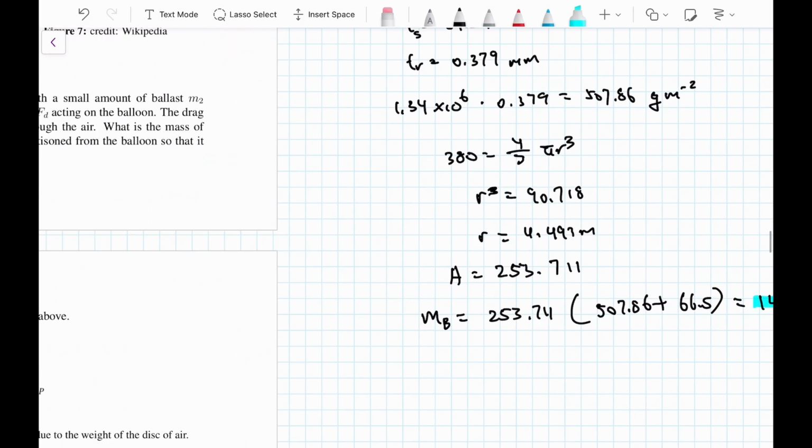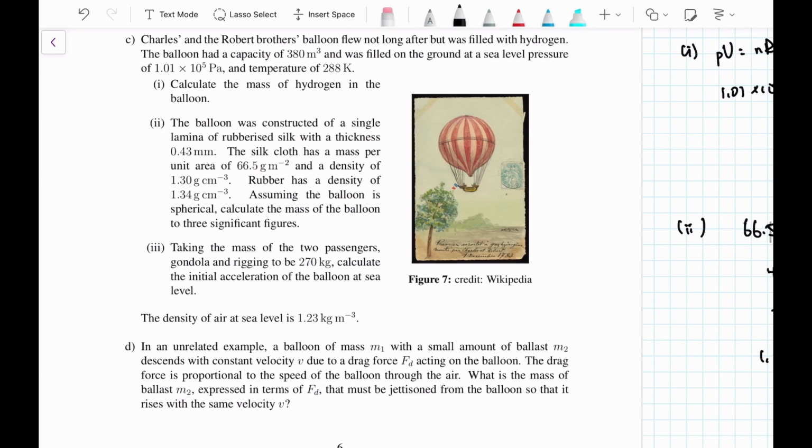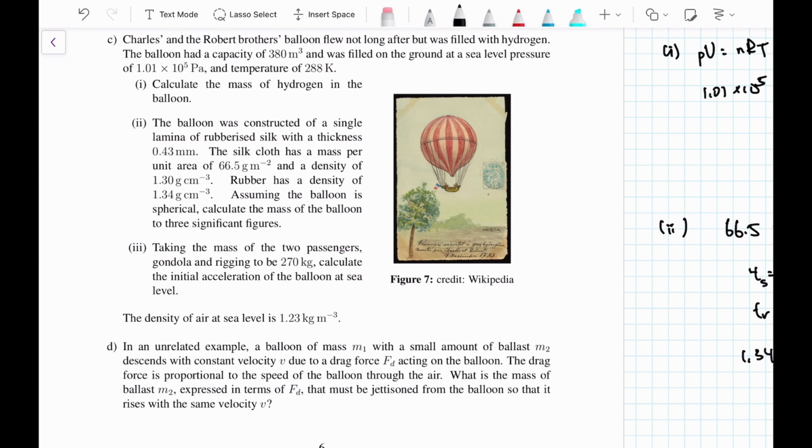And the third part, it says, in taking the mass of 2 passengers, gondola and rigging to be 270 kilograms, calculate the initial acceleration of the balloon at sea level.